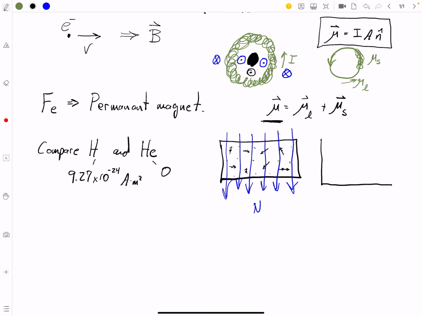We'll redraw our box, and all of the moments will line up like this. Okay, but they're not going to be perfectly lined up. Why is that? Because each of these guys are going to be bumping into each other, and you think you got a good thing going.